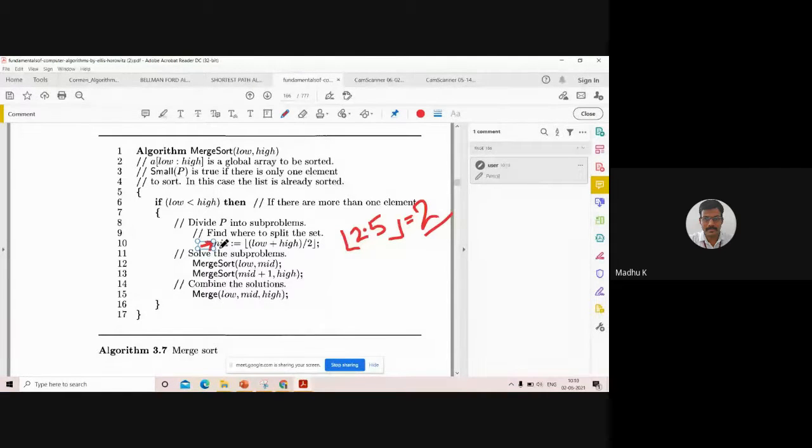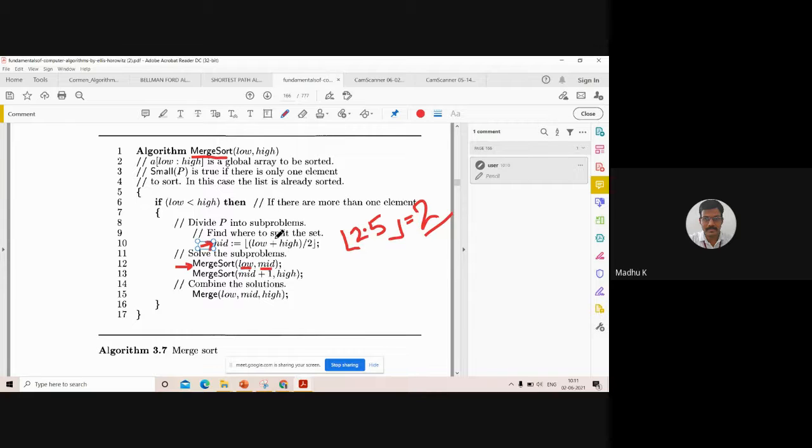Then the step is, first we calculate the mid value. Then we will call merge sort again. This is a recursive call. We will call the merge sort function with low and mid, the current low and mid.